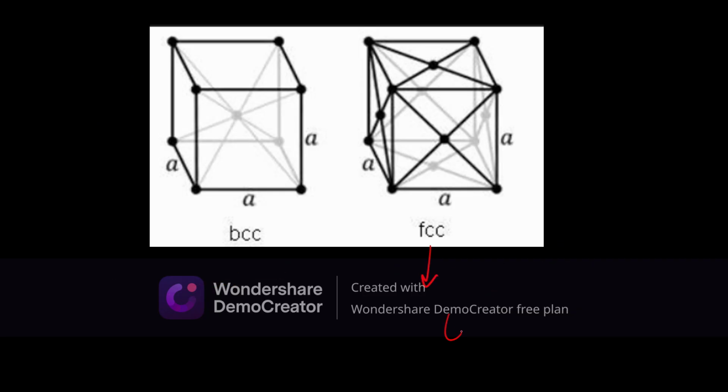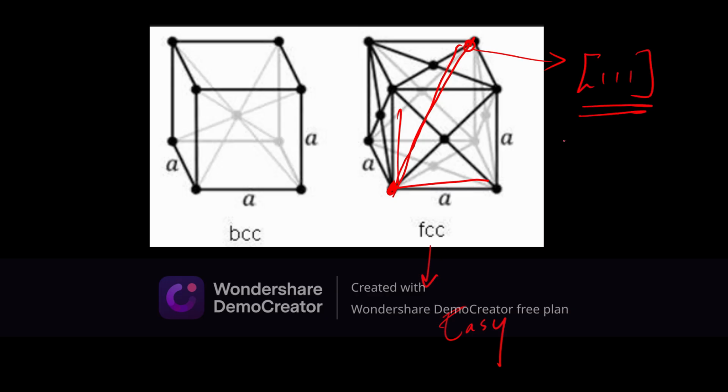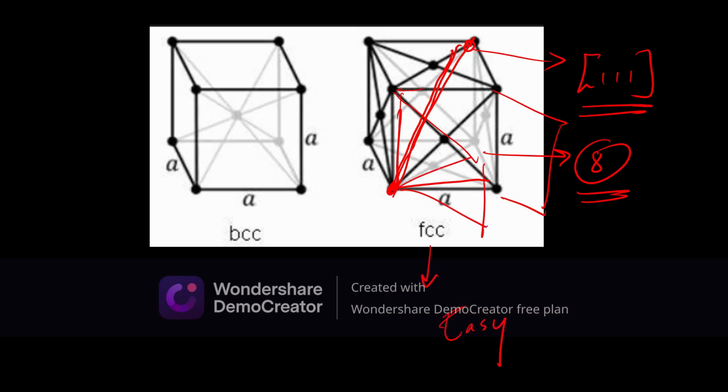In FCC, the easy axis is this one, from this point to this one, which is one, one, one. So this is an easy axis, and there are eight of these in FCC. Similarly, one crystal is present on this side, so two.